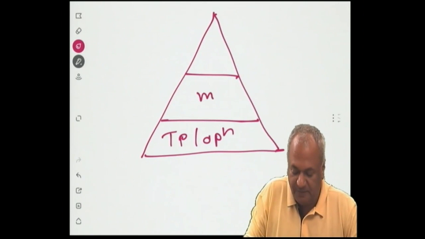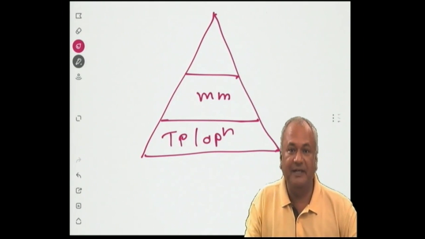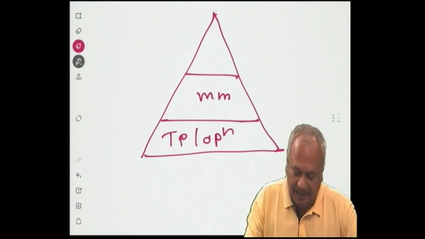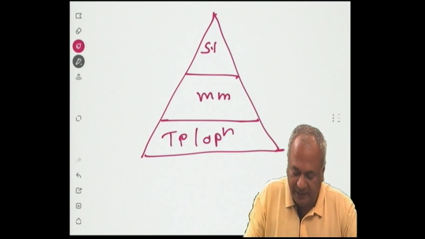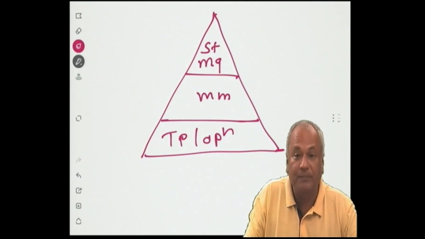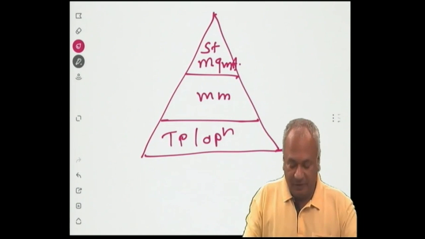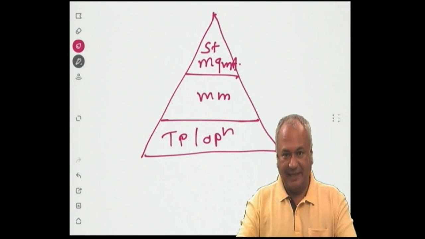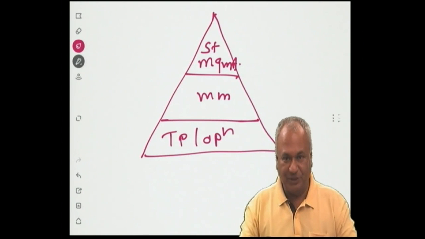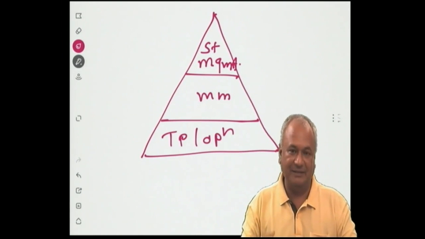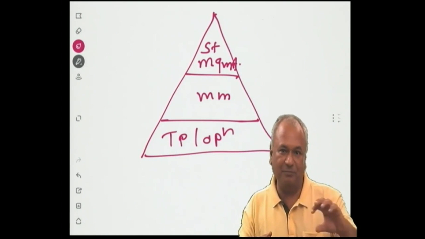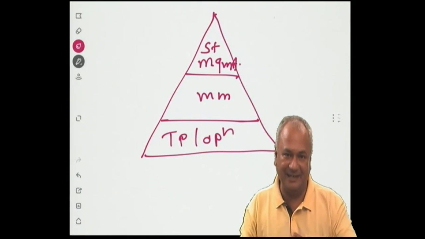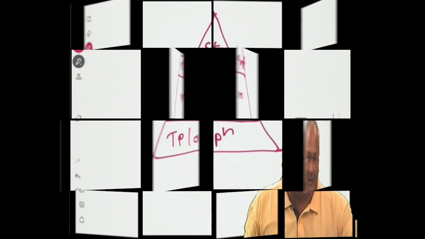We have middle management or the tactical level, where MIS actually comes. And we have strategic management, so we are looking at the CXO people here. This triangle gives you the whole picture of how the organization is, because depending on the number of people, that's how it is designed as a triangle or a pyramid.